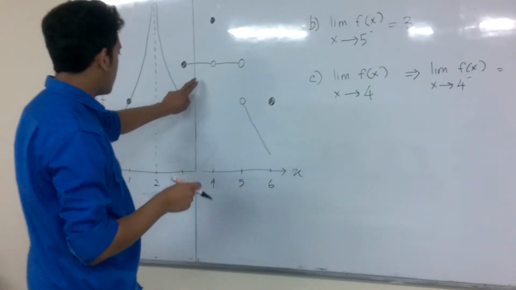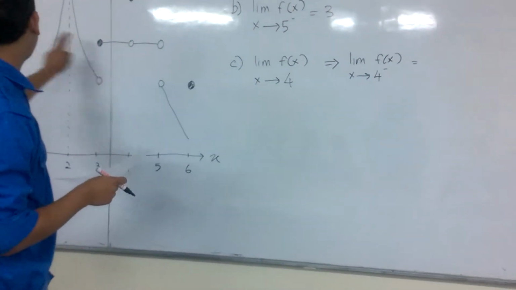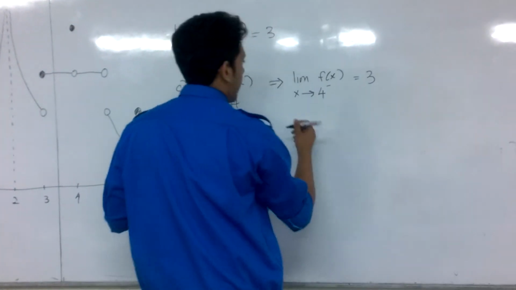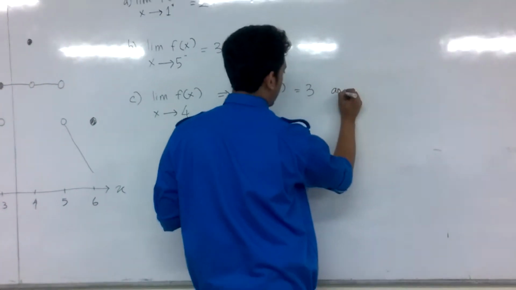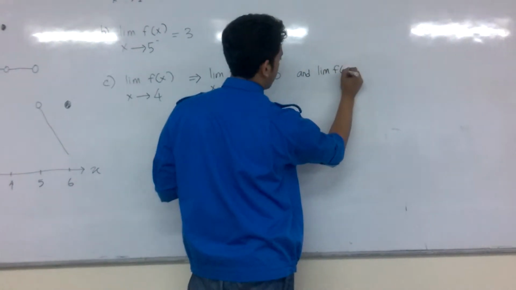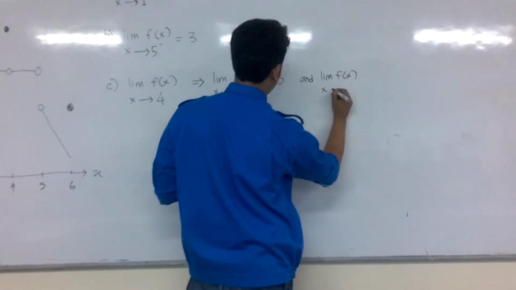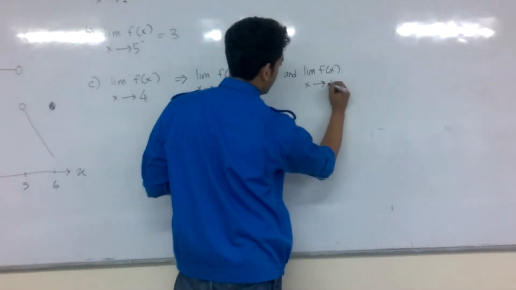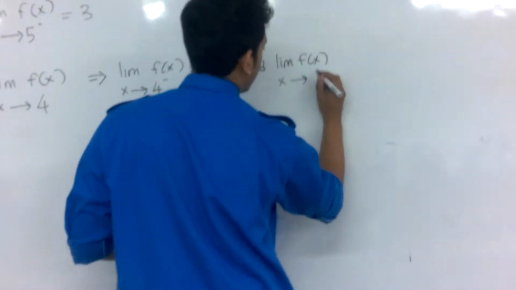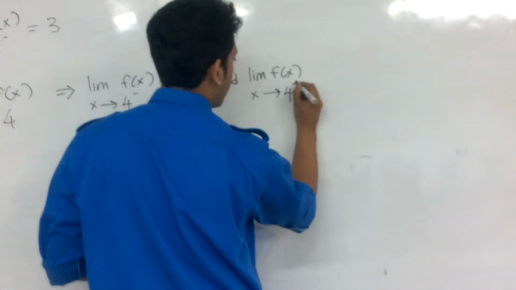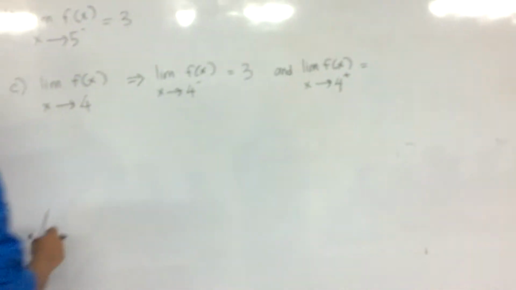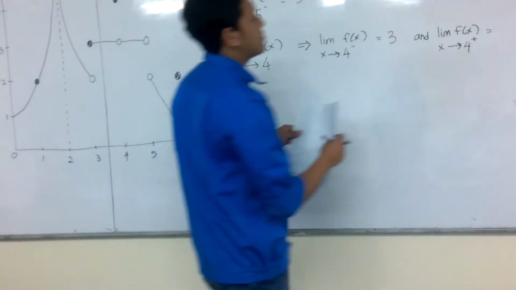From the graph, we can see that the limit is 3. Value is 3, and we do it also if x approaches 4 from the right, which is equal to 3 also.